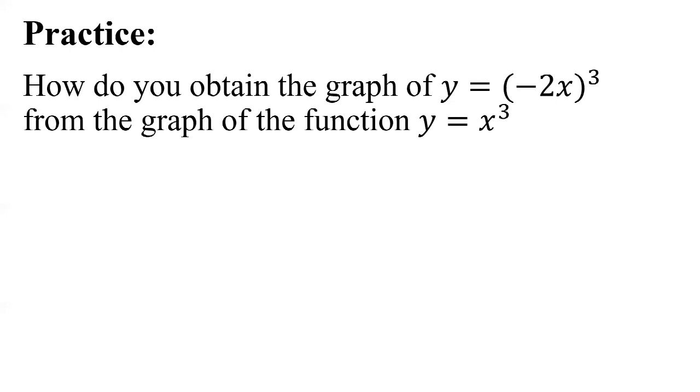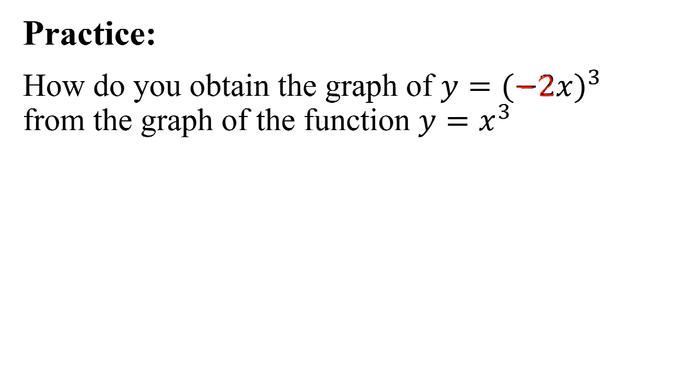Okay, have we finished? So how do we do the transformation? So note here, we put a factor of -2 in front of x, right? So that corresponds to a horizontal transformation. Actually, a horizontal stretch or compression, right?